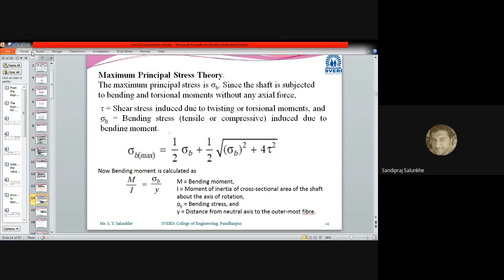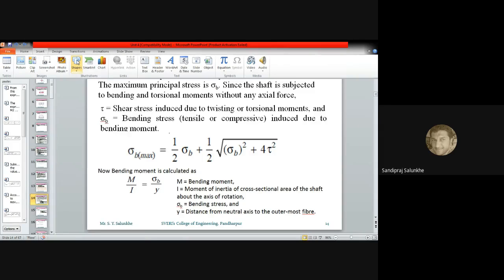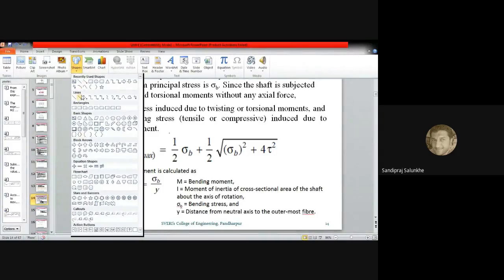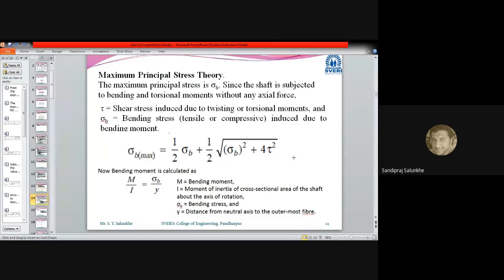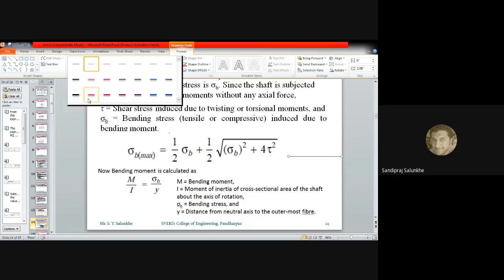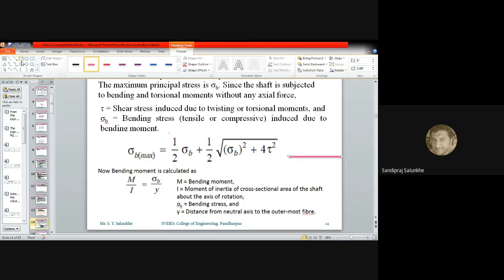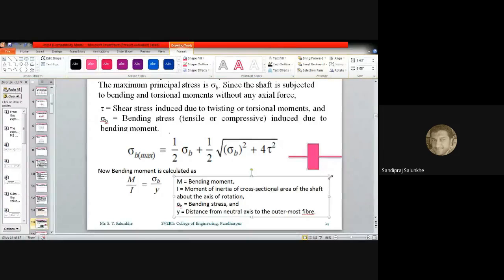Because consider that this is a shaft, and it is supporting a gear or a pulley, which is supported by means of the shaft which is rotating.